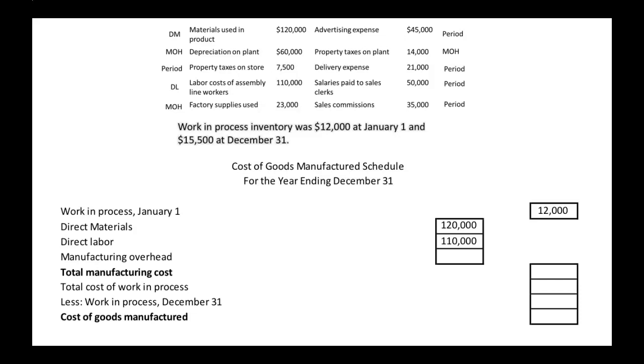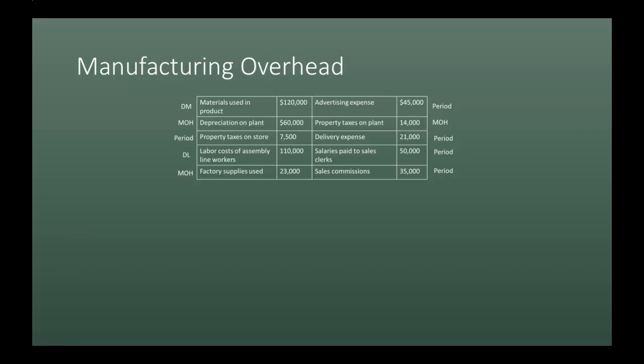Now, manufacturing overhead, we had three separate manufacturing overhead pieces. We had depreciation on the plant, factory supplies used, and property taxes on the plant. So we need to add those up to figure out our total manufacturing overhead. So your depreciation on the plant was 60,000.